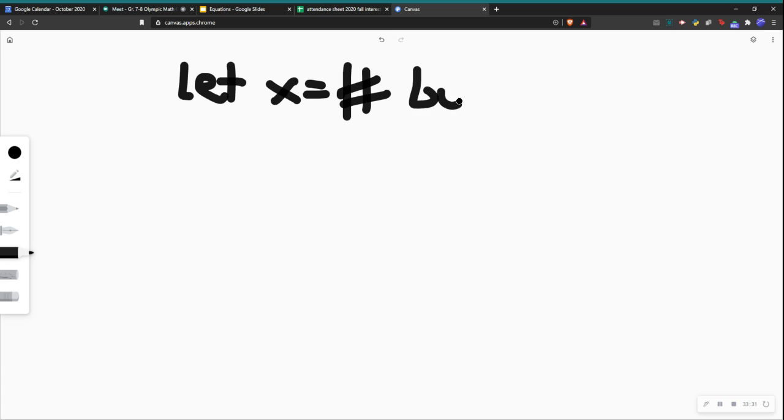The most common variables we use are x and y. So let's do that. Let x be the number of boys in the class, and for the number of girls, we can use the variable y.